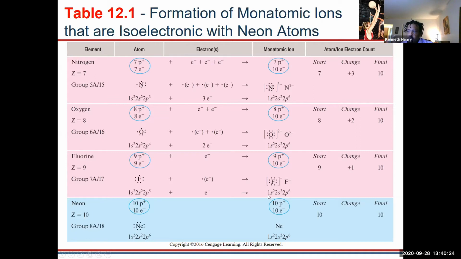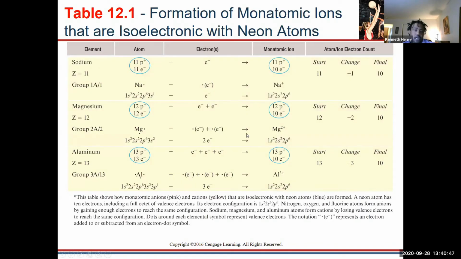F minus, 1s2, 2s2, 2p6. O2 minus, 1s2, 2s2, 2p6. So all of these are examples of monoatomic ions that are isoelectronic with neon.